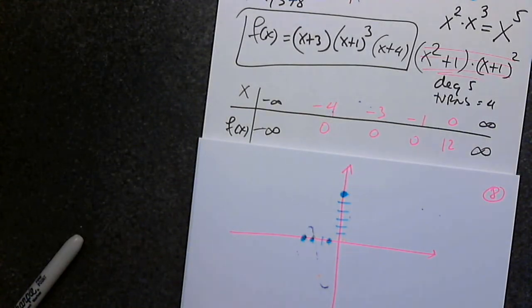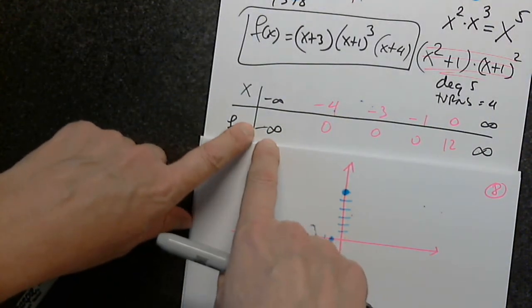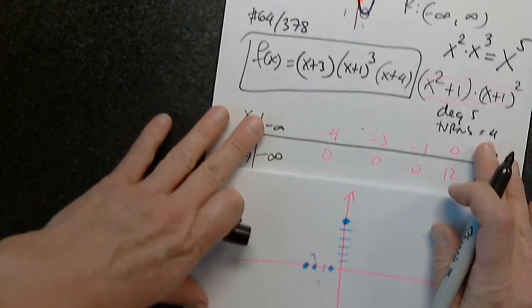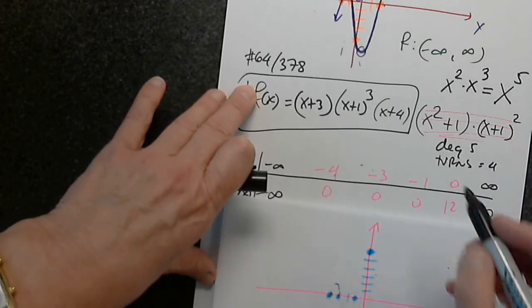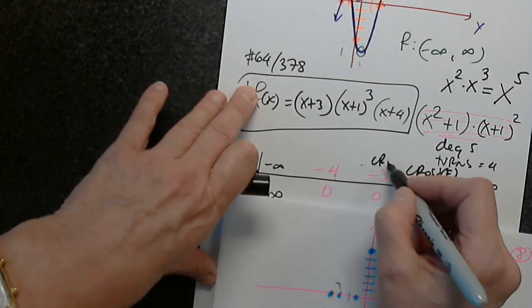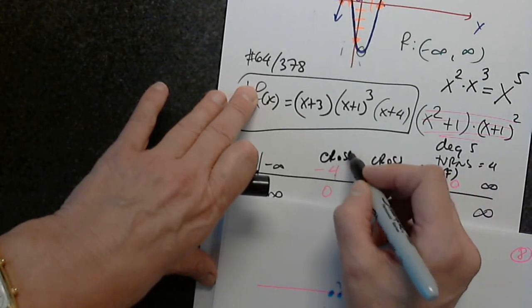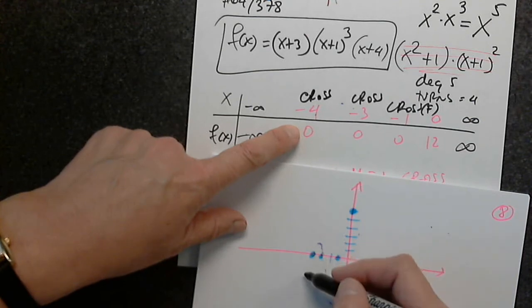Let's come up with an idea. Everyone can look at the graphing calculator and come up with a graph. That's not the issue. We don't want to do that. So first of all, I have to make myself a note. Cross, cross, but at -1, it's a cross flat. So it's coming from negative infinity, crossing at negative 4, 0.